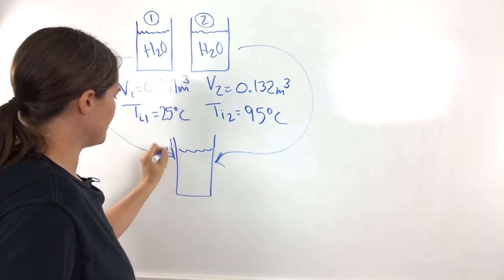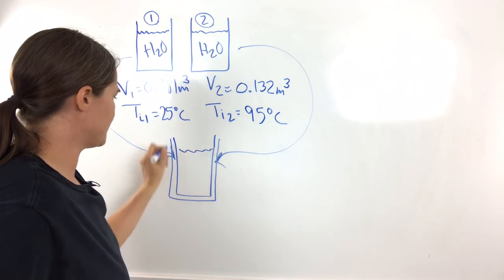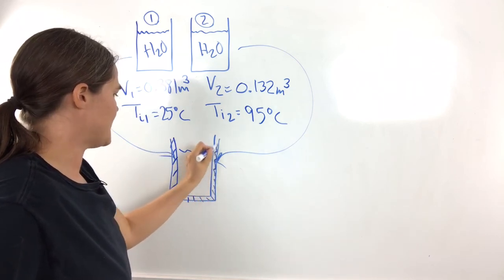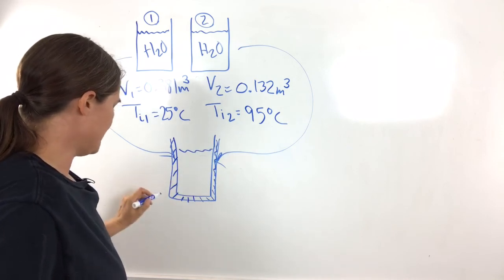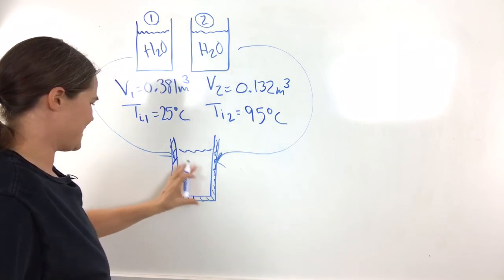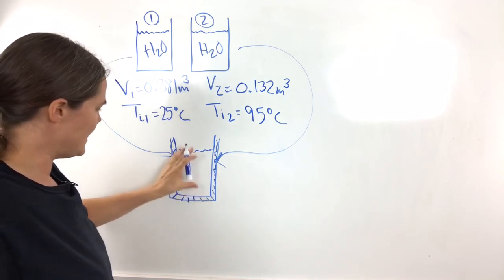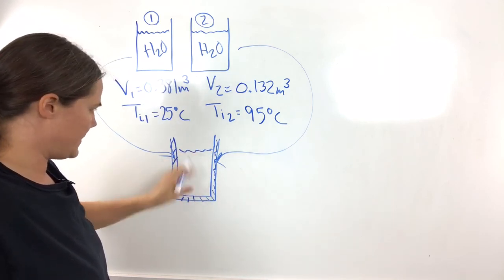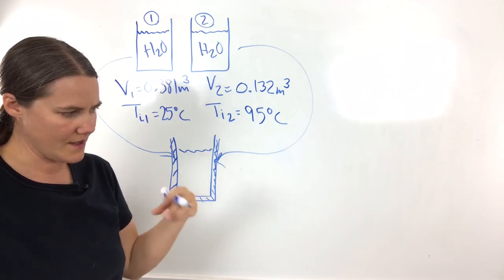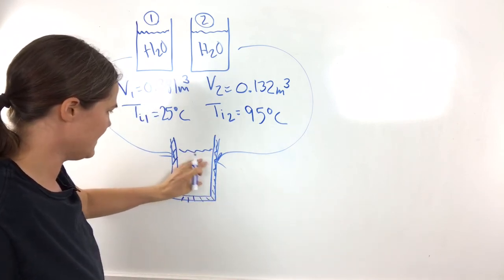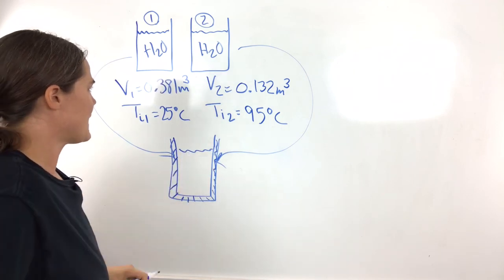If we assume this container is perfectly insulated, so there's no heat loss to the outside, all of the heat flowing from the hotter substance to the colder substance is going to happen inside this container.